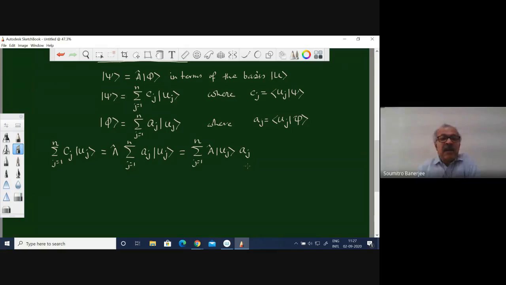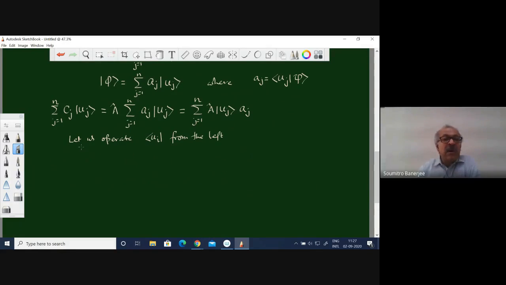Now let us operate with <u_i| bra from the left. If you put <u_i| from the left, then this is not affected by that, this is affected.